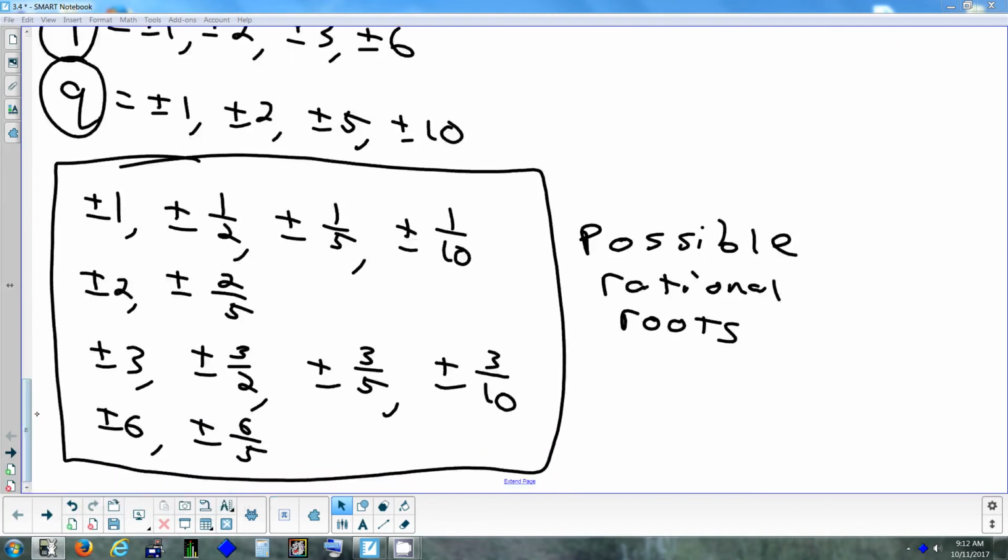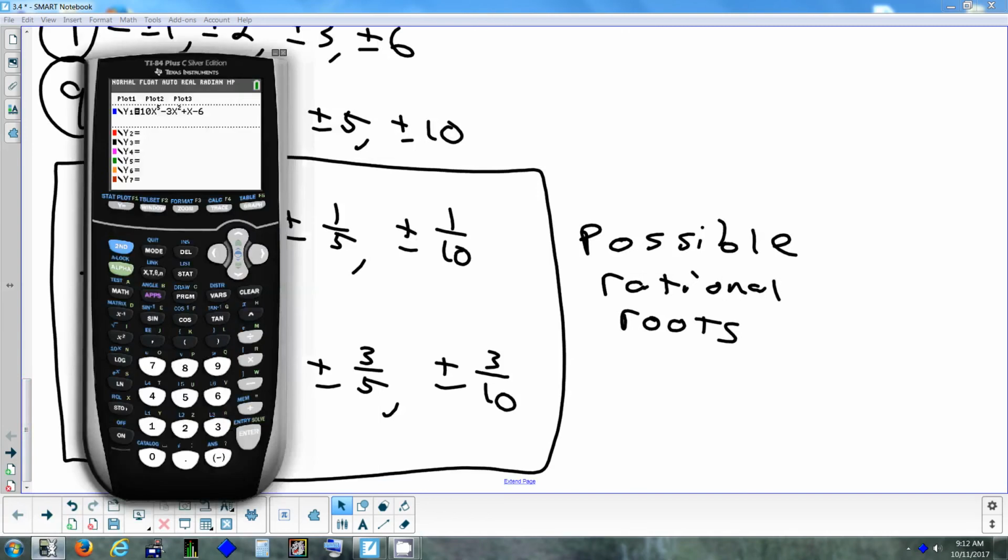What's the largest x value in that list? Yep. Positive 6. And the smallest? Negative 6. So you can set your x min and x max to -6 and 6. If there's a rational root to this problem, it's not going to be beyond those two numbers. It has to be one of them.